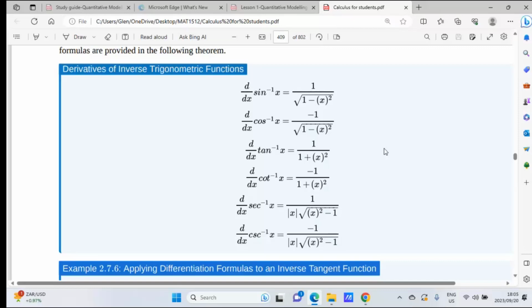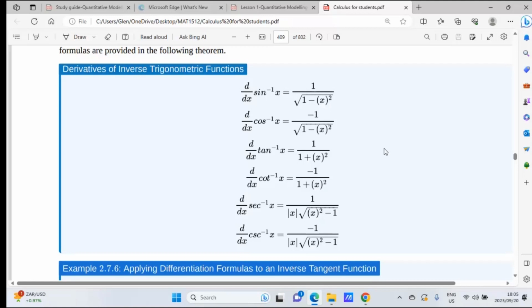The same question applies again. Are you able to see the difference between the derivative of the inverse of secant and the derivative of the inverse of cosecant? -1 again, sir. Thank you. What about the others?